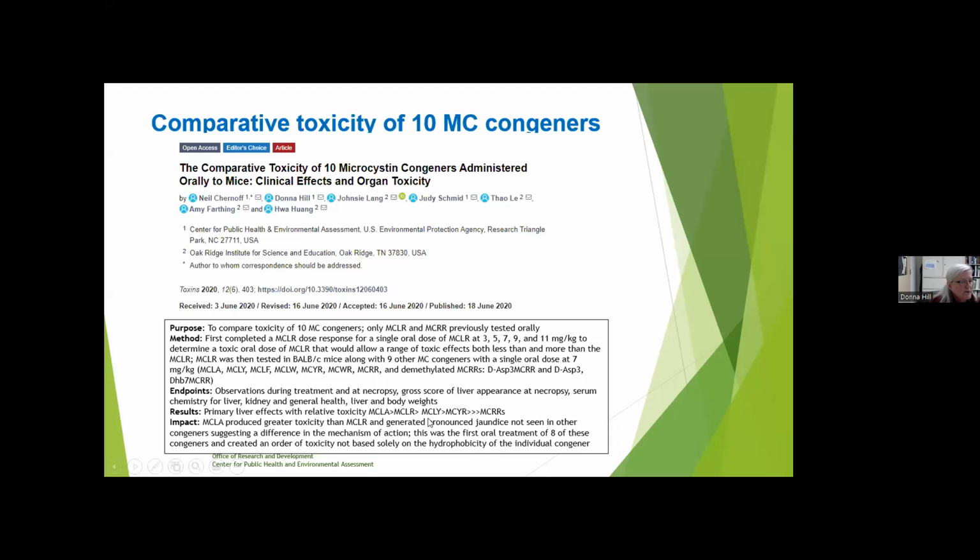So we were happy with that information, but it also showed that, prior to this, a lot of the toxicity was based on in vitro tests and whether it was more hydrophilic or hydrophobic. And it was thought that the hydrophobicity gave the order of toxicity, being more hydrophobic, being more toxic.